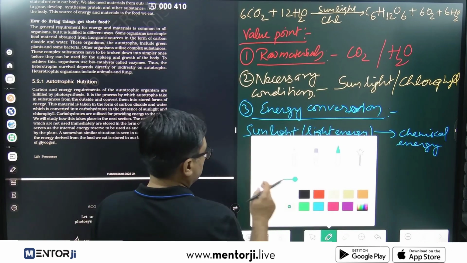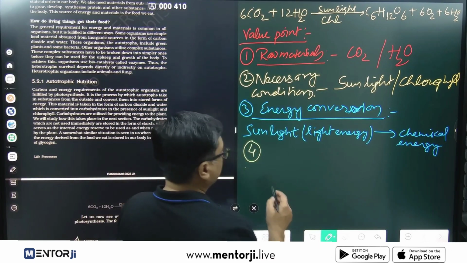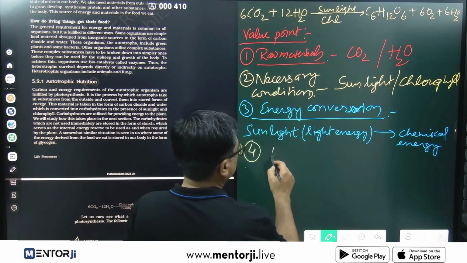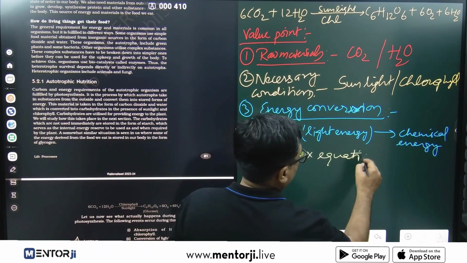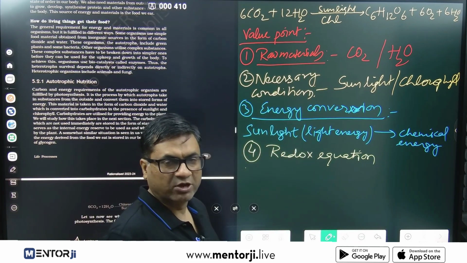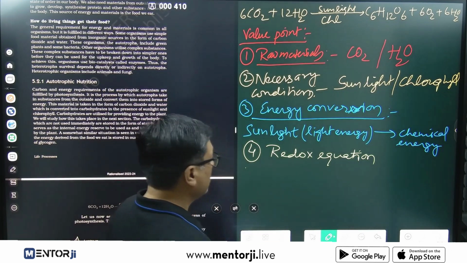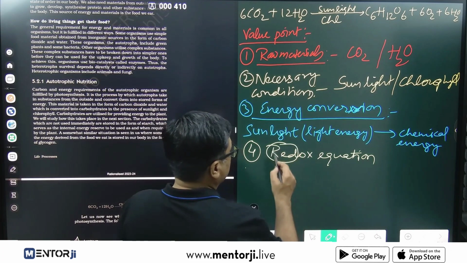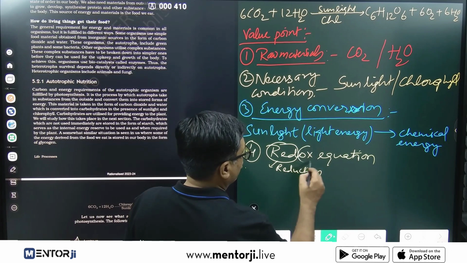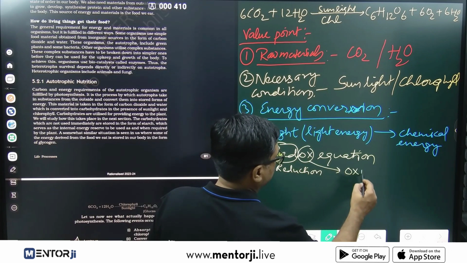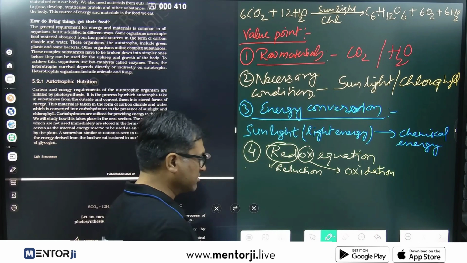Next, the fourth point is that it's also a redox equation. Redox का मतलब मैंने पहली क्लास में आपको समझाया था, that is RED, that comes from reduction, and OX comes from oxidation. So here both the processes take place simultaneously.